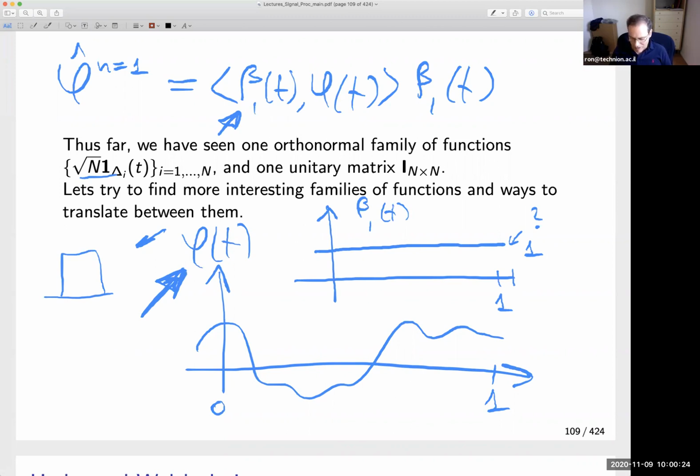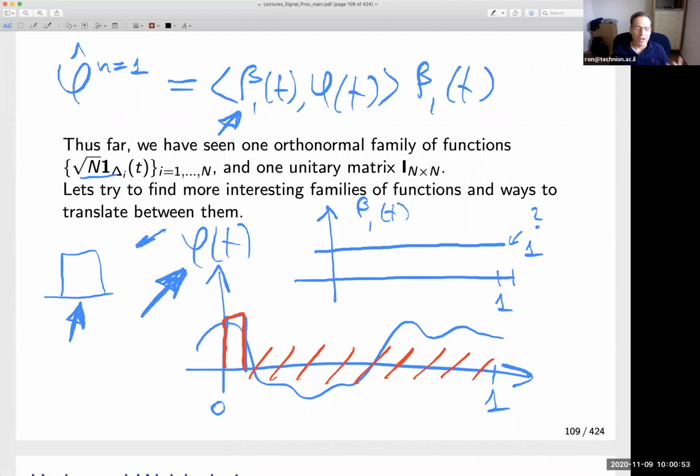So picking this kind of selection is somewhat arbitrary, because saying that the first function would just allow me to represent this part of the function and basically ignore the rest of my support is somewhat arbitrary, and this is probably not something that I would like to do. Okay, so just having one function here is probably not what I would like to do, but still, it is a very elementary basis to start with.